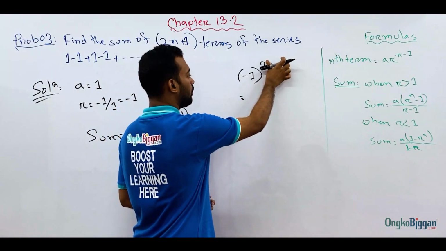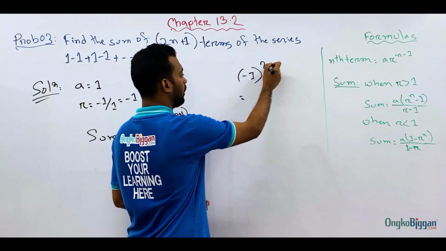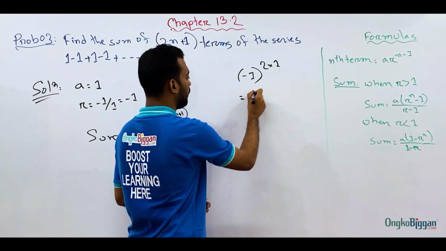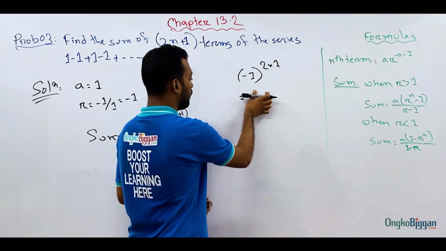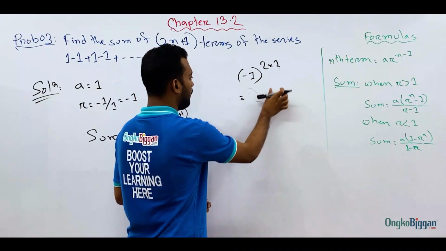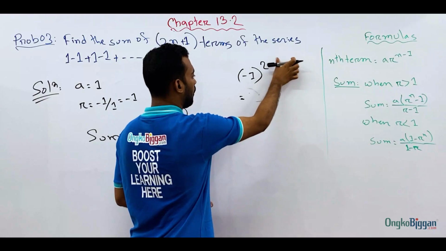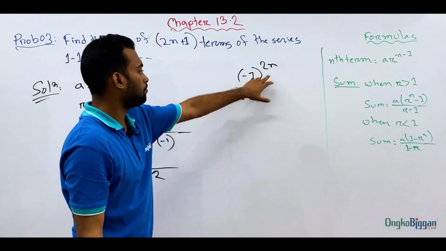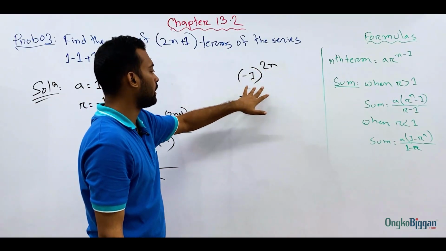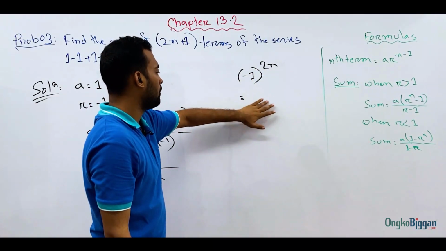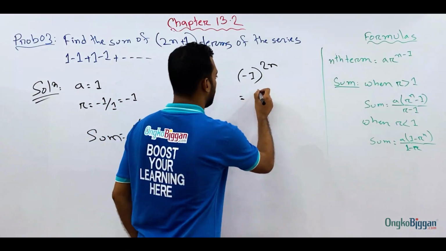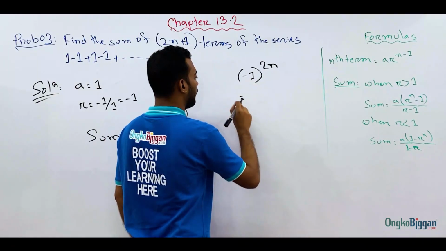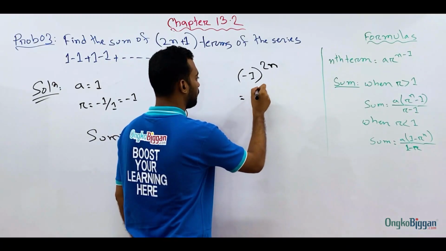Because, say the value of n is 1, so minus 1 to the power 2n will be giving us plus 1. Just like that, any even number as the power of minus 1 will eventually give us a positive number. So whenever the power is 2n, the value will be positive.